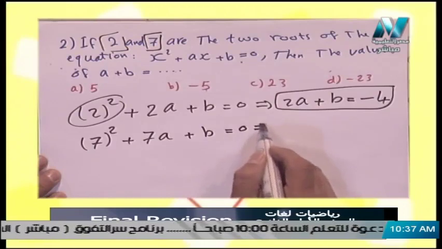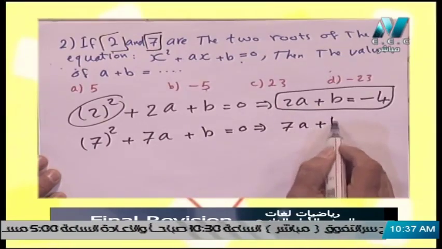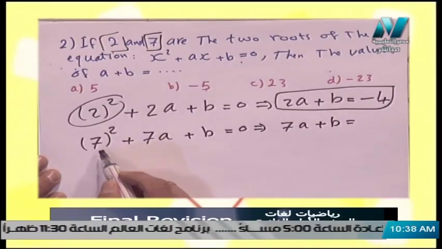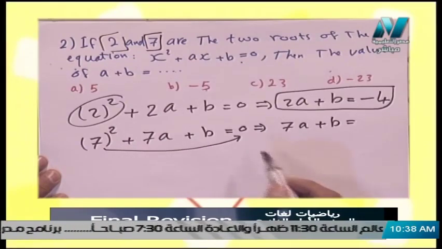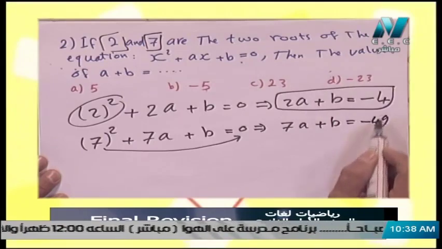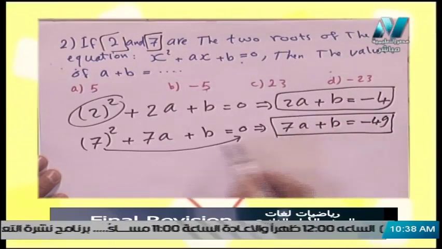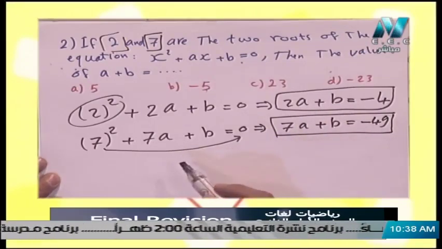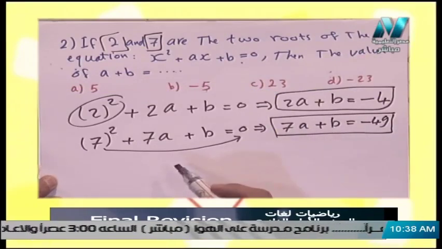So we have an equation now: 7a plus b equals, we have 7 power 2 here equals 49, and we will transfer to the other side by negative, so it will be negative 49. We have two equations in two variables here, and it's easy to solve.